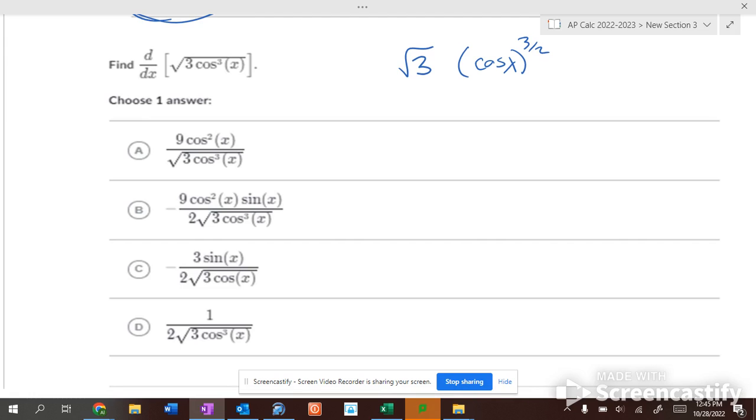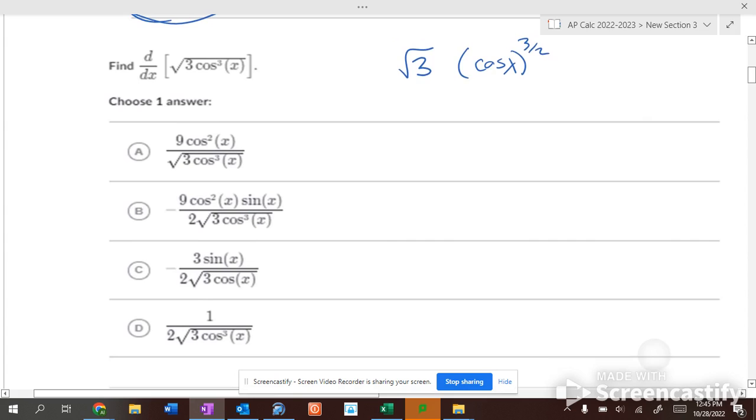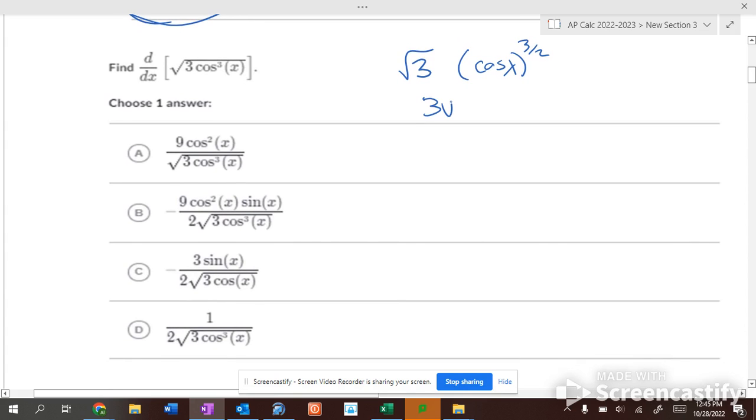first step. Chain rule. So 3/2, so it's square root of 3 over 2. And then cosine of x to the 1/2 power times the first derivative of the inside, which is negative sine of x.